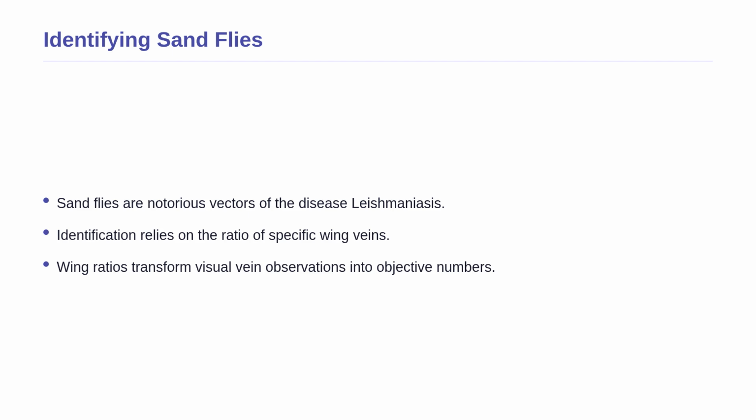Just like the cephalic index, calculating a wing ratio transforms a visual observation under a microscope into a hard, objective number. This allows taxonomists to confidently determine the specific subgenus of the sandfly, which is essential for tracking and controlling the spread of leishmaniasis.